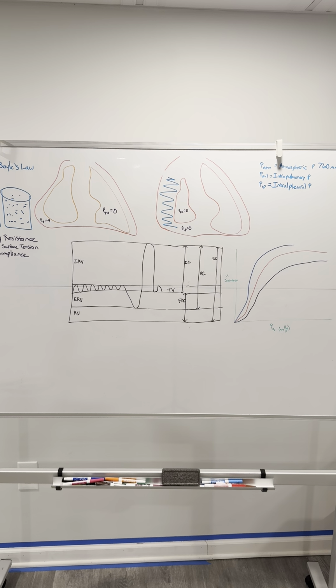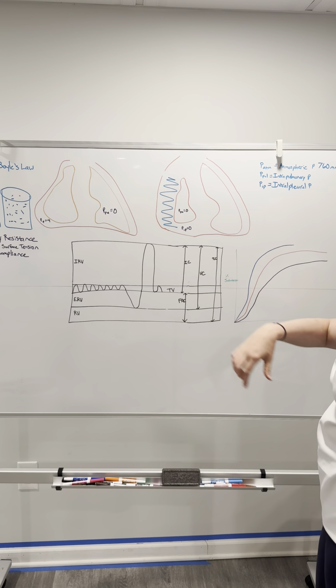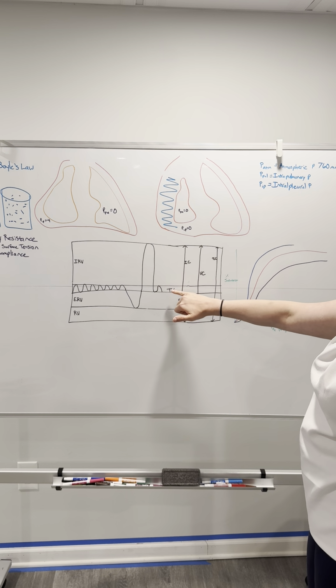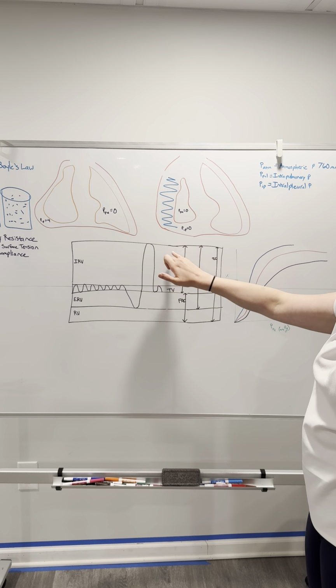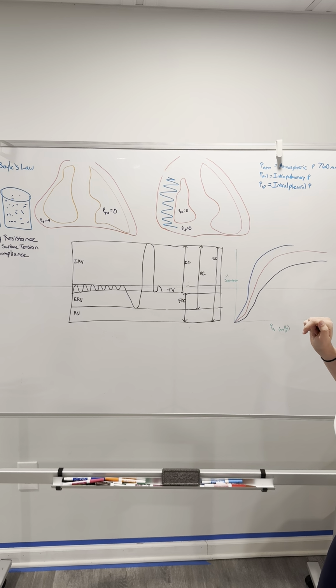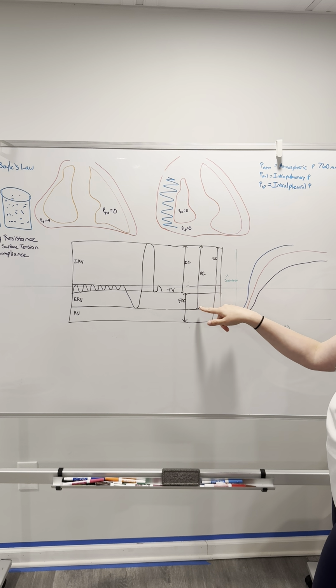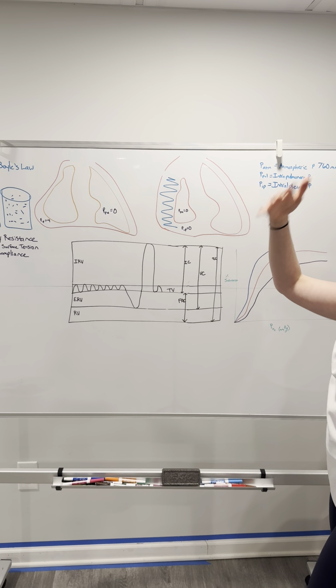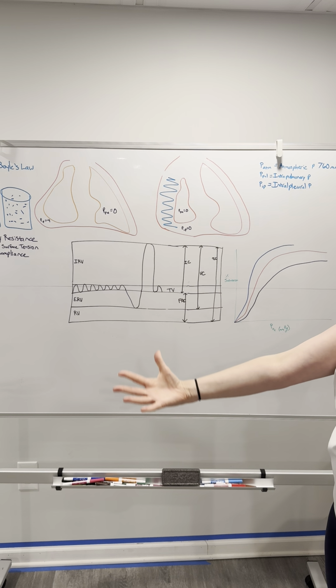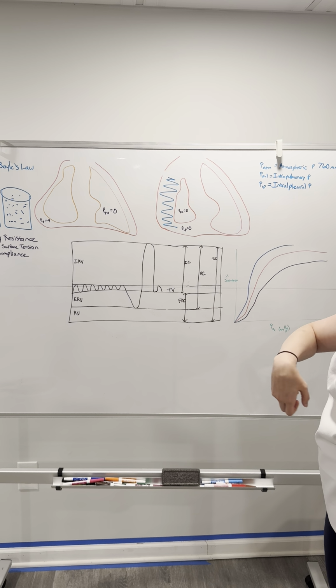And then we have our vital capacity here. This is our tidal volume plus our expiratory and inspiratory reserve volume. So if I were to forcibly breathe in all that I could, how much I could push out without my lungs collapsing, or vice versa.